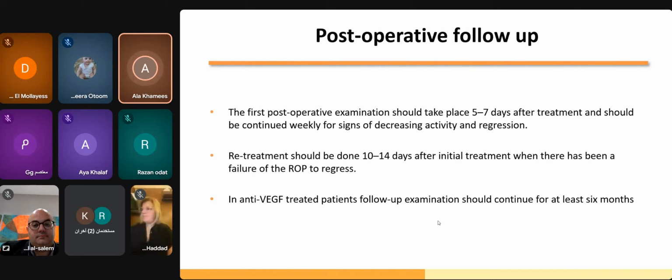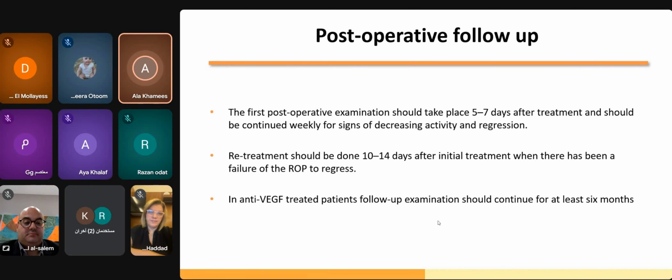We are talking about the anti-VEGF therapy. In the anti-VEGF group, follow-up examination should continue for at least 6 months. And when we reach stabilization or regression of ROP, we continue to examine the patients every 6 months until they complete 3 years of age.